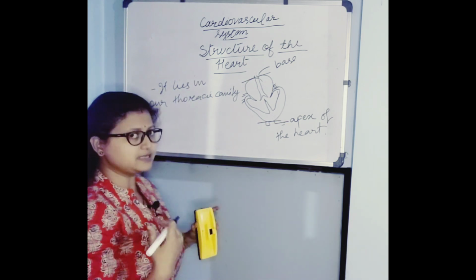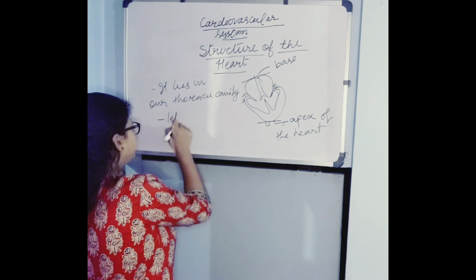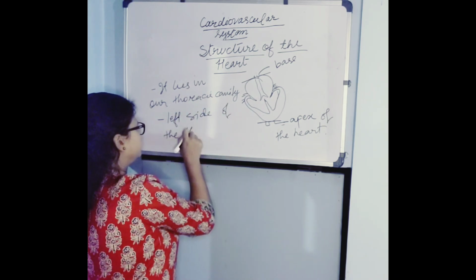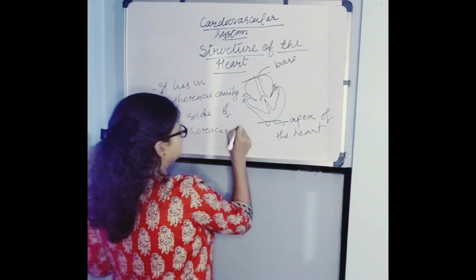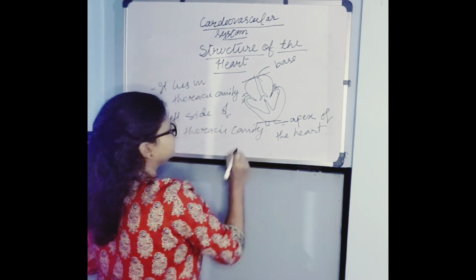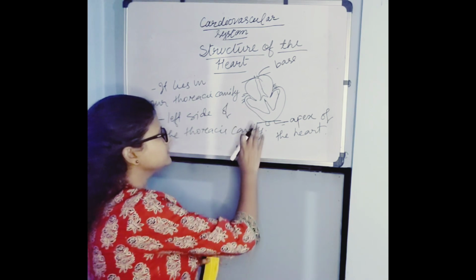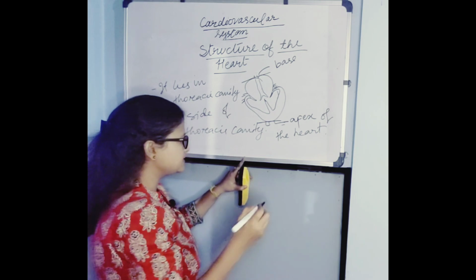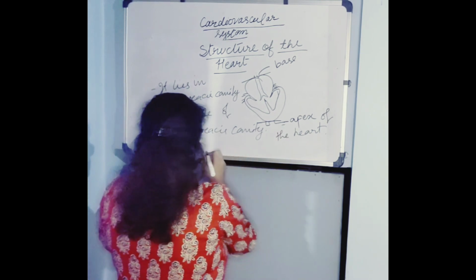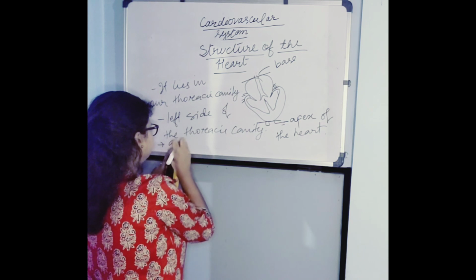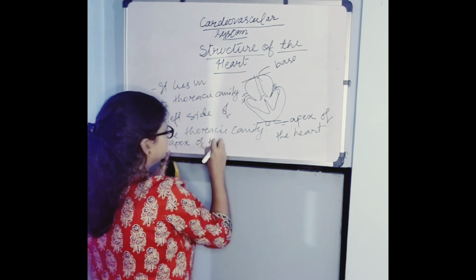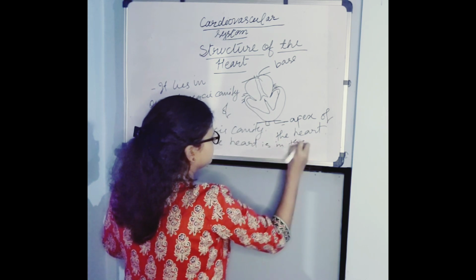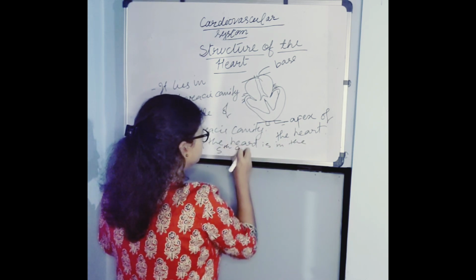Okay, it is not in the right side, it is in the left side of the thoracic cavity. So the apex of the heart is in the fifth intercostal space.